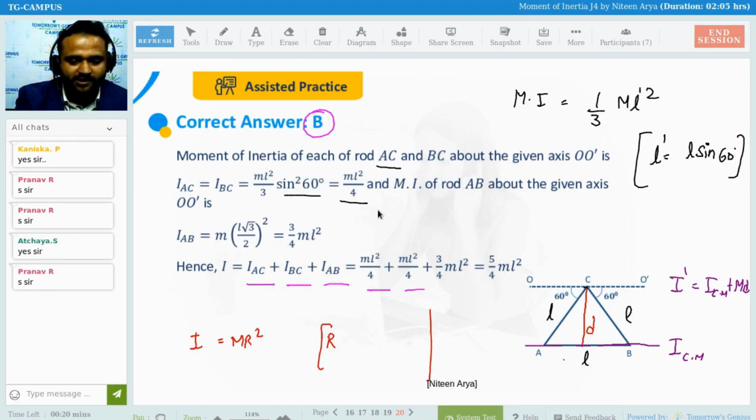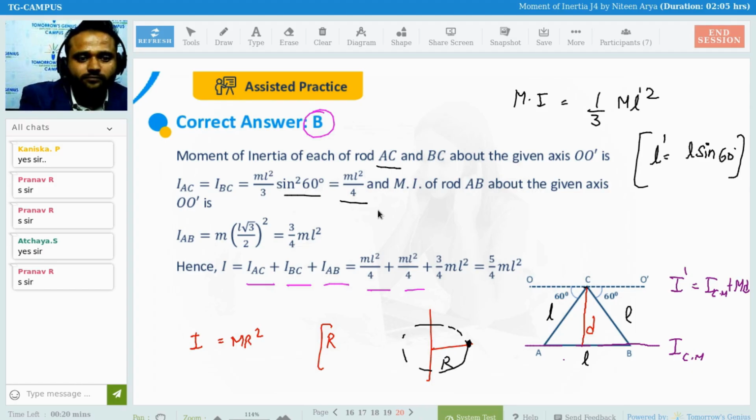Suppose I pick this axis. What is r here? R here is the perpendicular distance if it is rotating in this way. So for the rod also, if I choose this axis, L prime is going to be L sine 60 degree.